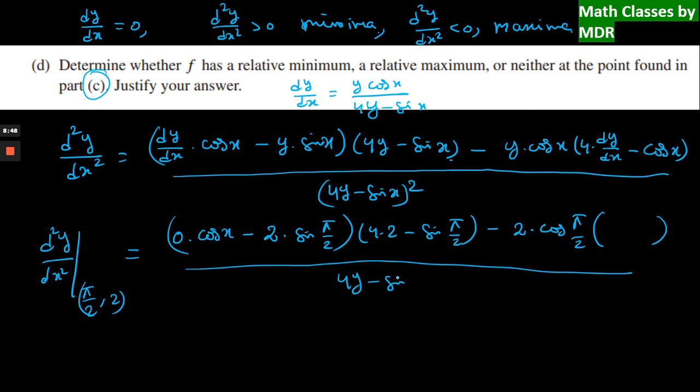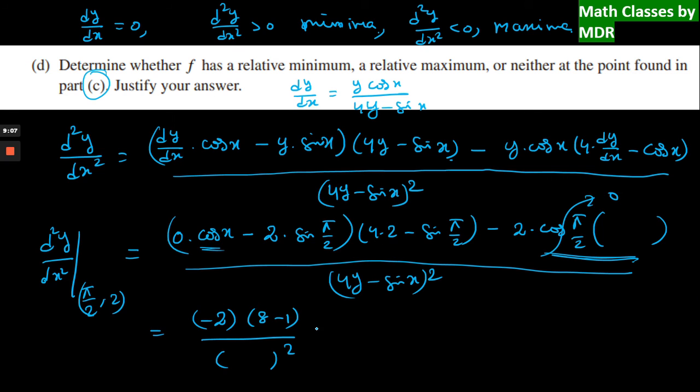This product will be 0, and this is 0 into 0. So minus 2 sin pi by 2 is minus 2, into 8 minus 1, that is 7. We have something whole square in the denominator, and this part is 0.